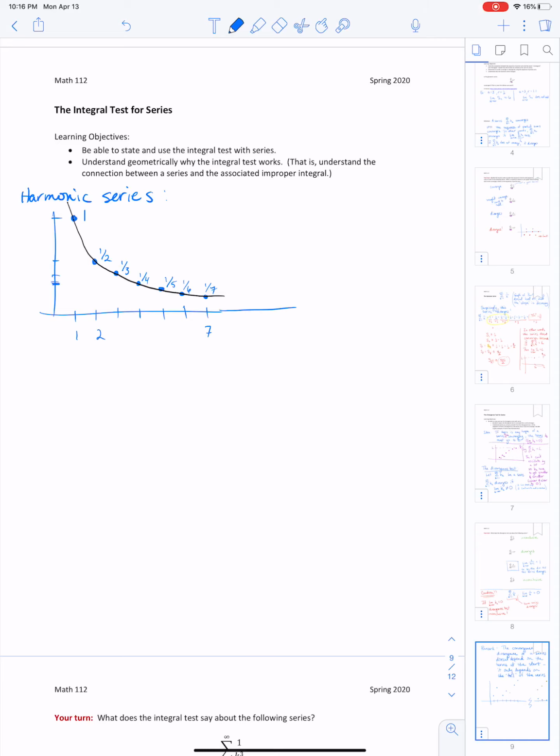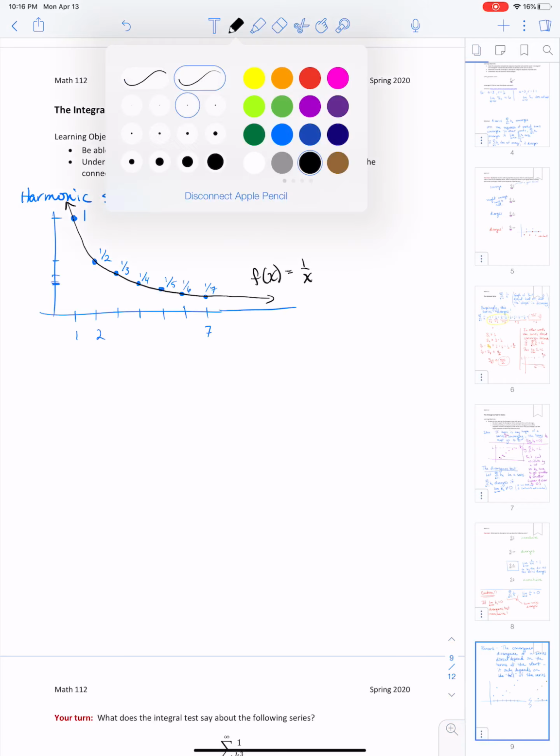And the function that actually goes through each of these terms is the function f of x equals 1 over x. And so that actually goes through each of these. We'll notice that these are going to zero, so we couldn't apply the divergence test.